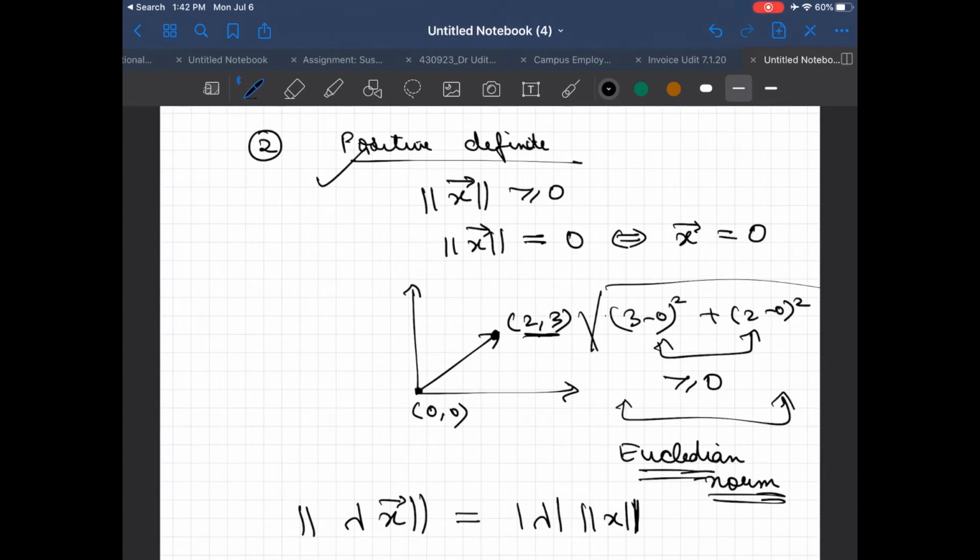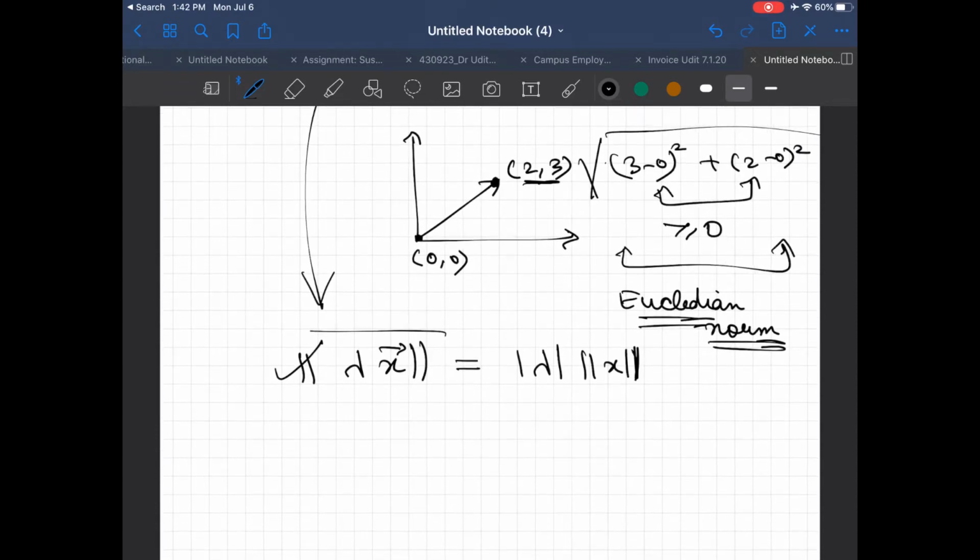Now these two results, that the norm is positive definite and that a vector multiplied by a constant scales the norm, are also interrelated if you see carefully. That means this norm has to be always positive, and to ensure that even if lambda is negative the result is positive, we make sure that the modulus of lambda, or that particular constant, is taken.